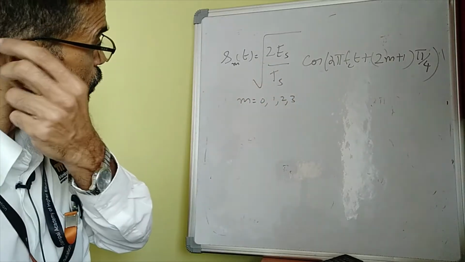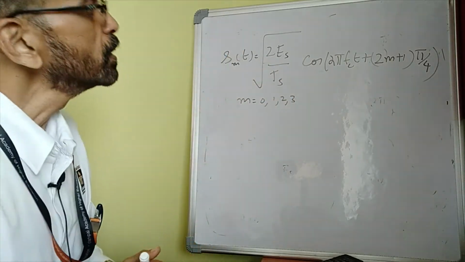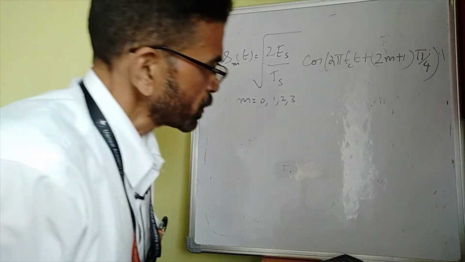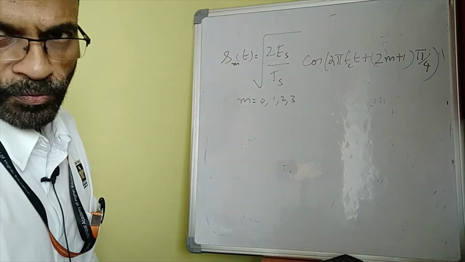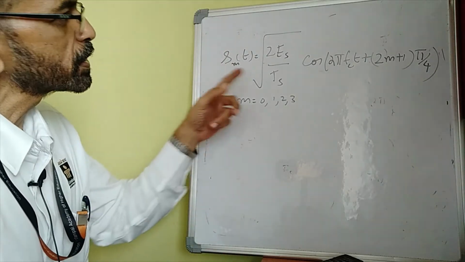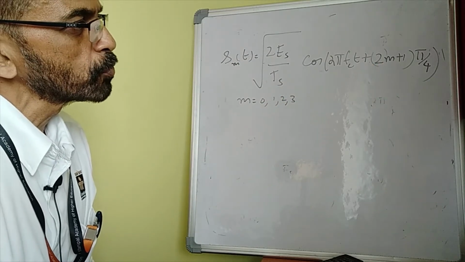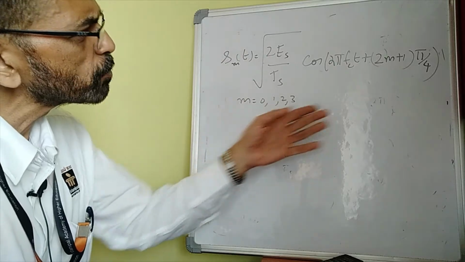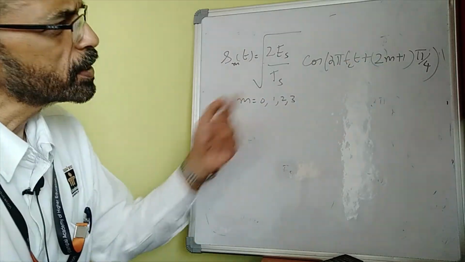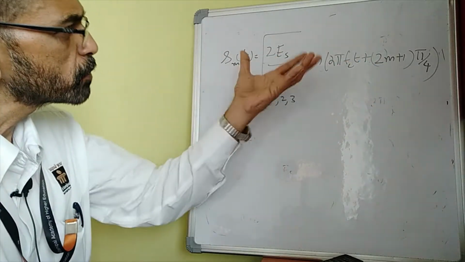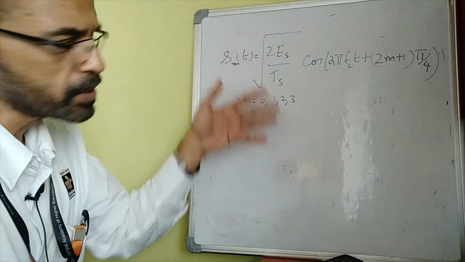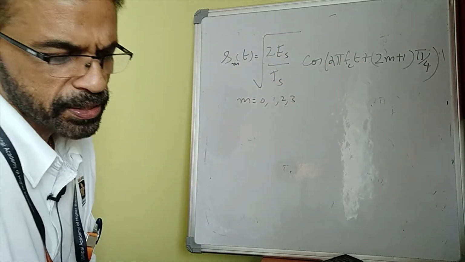So when m is 0, we get the signal S0(t), which is root 2Es by Ts cos(2 pi fc t plus pi by 4). When m is 1, we get S1(t), which will have 2 pi fc t plus 3 pi by 4. When m is 2, you will have 5 pi by 4, and when m is 3, you will have 7 pi by 4. So you can express those four signals in the form of a compact expression like this.